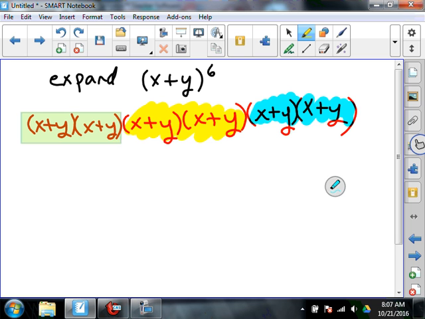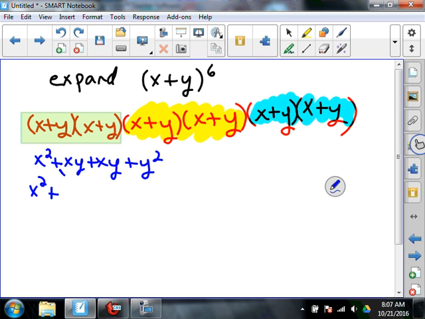If you have an odd exponent, there's a much easier way to do this one. But imagine if you had to do this. This would be x squared plus xy plus xy plus y squared. What's that middle term going to look like?